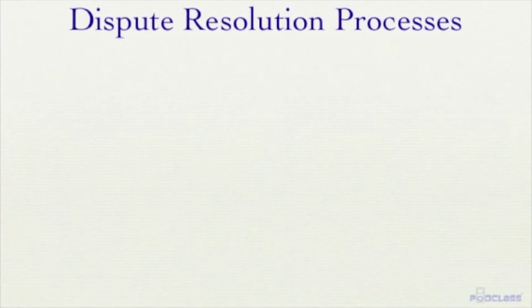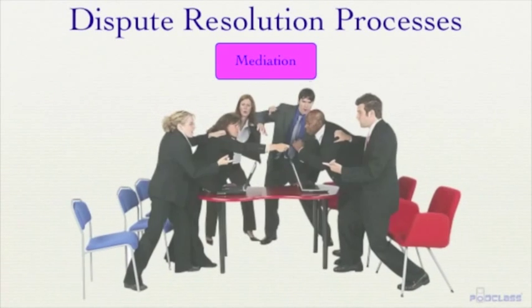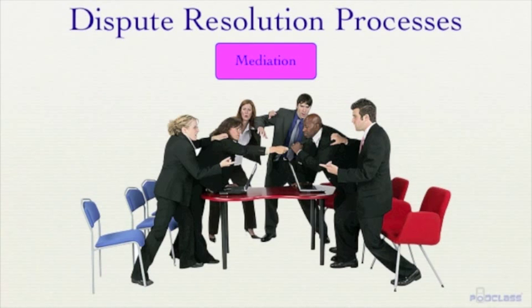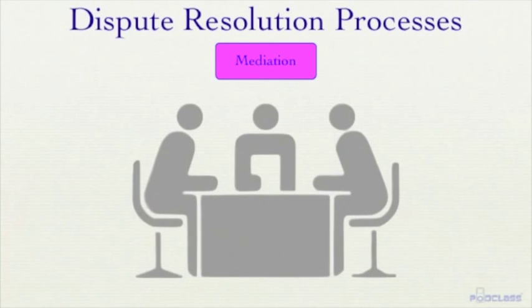The next stage of the dispute resolution process is mediation. Mediation occurs when the negotiations are not successful, and an independent third party called a mediator is brought in to hear both sides of the dispute.